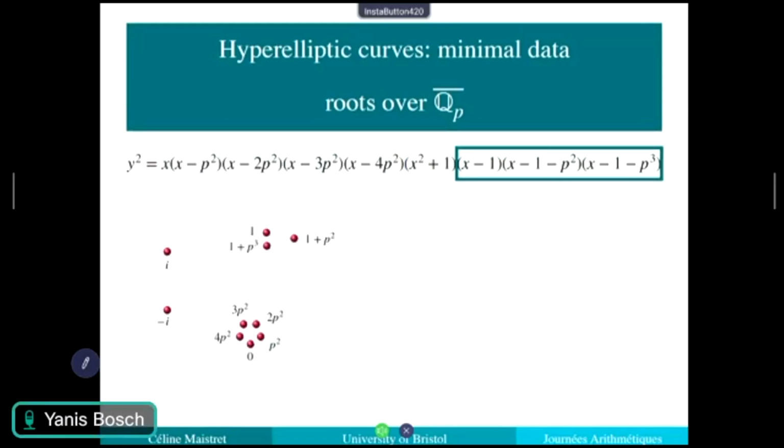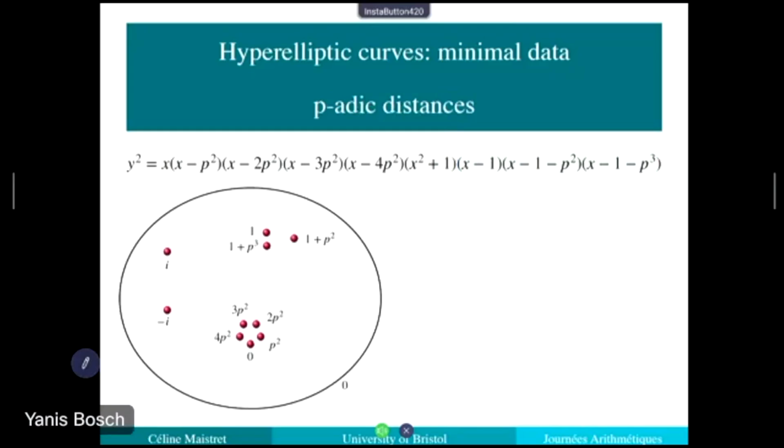Then you have 3 roots, which are clustered around 1, and some of them are closer, and one of them is a bit further apart. So the data that I want to record is quite a few things, but the first thing I'm going to do is draw p-adic circles around this. The first I will draw is this p-adic disk of radius 0. And this is the minimal distance between the roots, all of them.